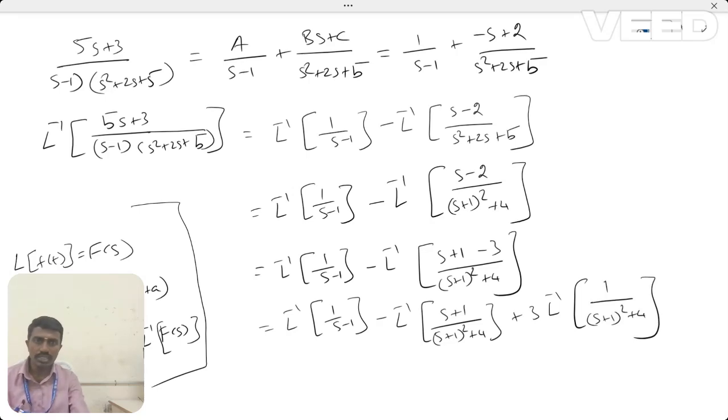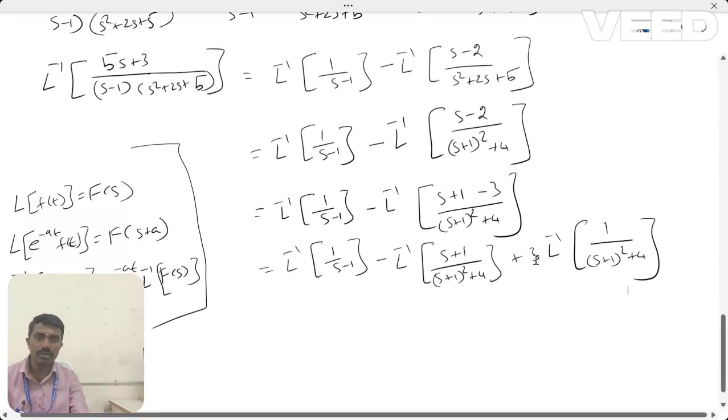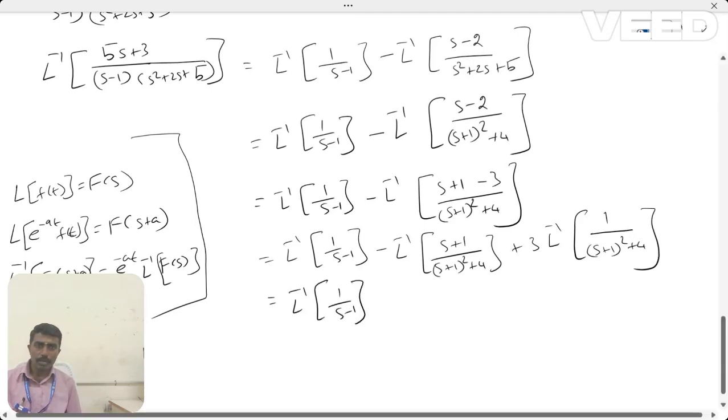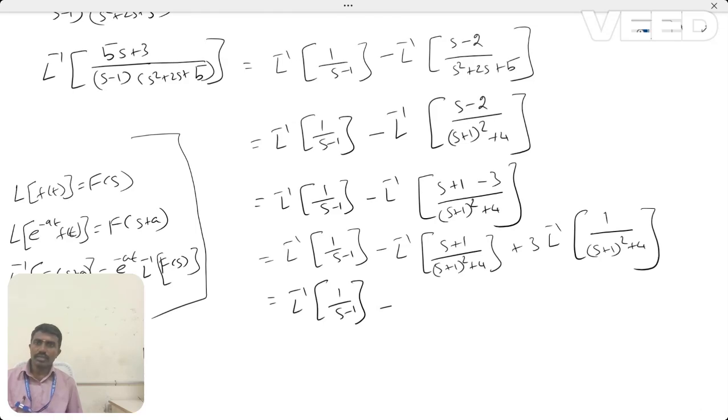Now we use the first shifting property for the second and third terms. L inverse of 1 by s minus 1, minus, since L inverse of F of s plus a is there, then e power minus at is multiplied with L inverse of the remaining function. Here, in the place of s plus a, s plus 1 is there, so a equals 1.